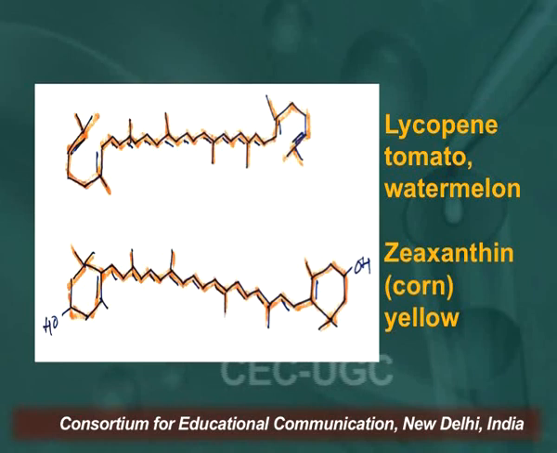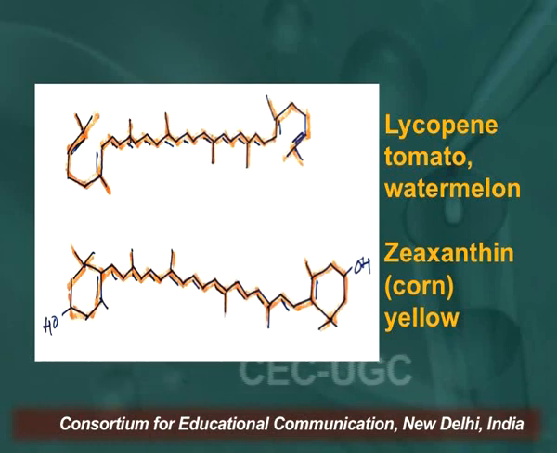Similarly, lycopene: you have seen the red color of tomato and the red color of watermelon, due to the presence of this carotenoid, lycopene. This lycopene is red in color, and due to that pigment, we see the color of watermelon and tomato as red.